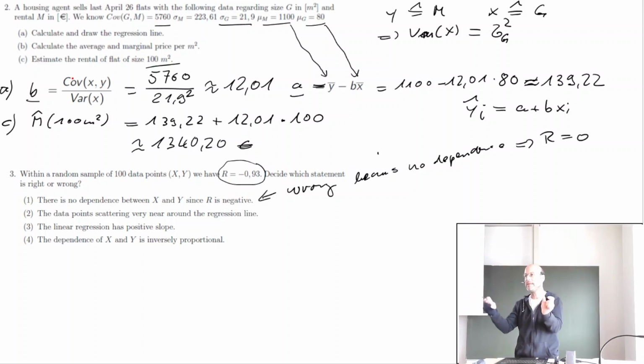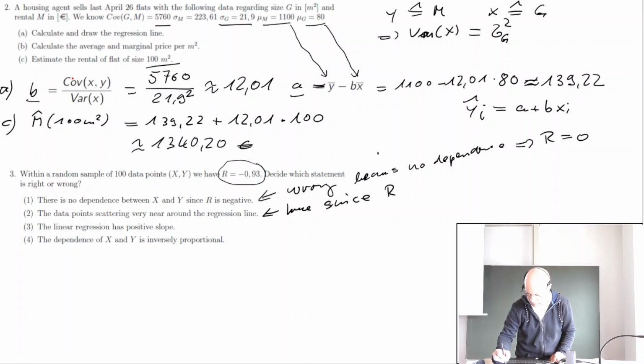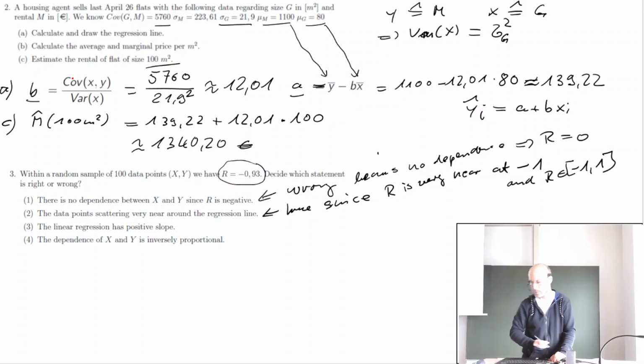And if we are very near at -1 or +1, then it means that all our data points are almost on the line. So this is true, since R is very near at -1. And remember, R is an element of -1 to 1.